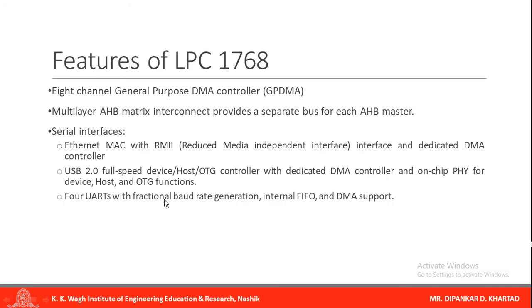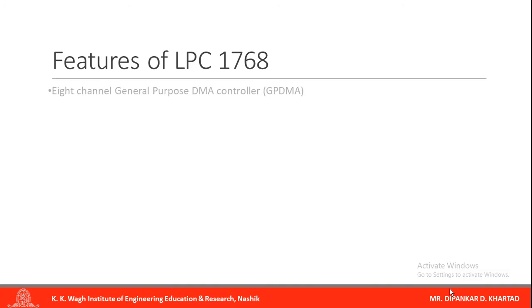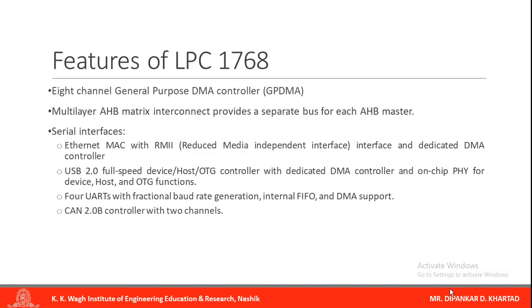There are 4 UARTs with fractional baud rate generation, internal first in first out, and DMA support. CAN bus is also supported, that is CAN 2.0B controller with 2 channels. This CAN bus is normally used in the automotive sector.